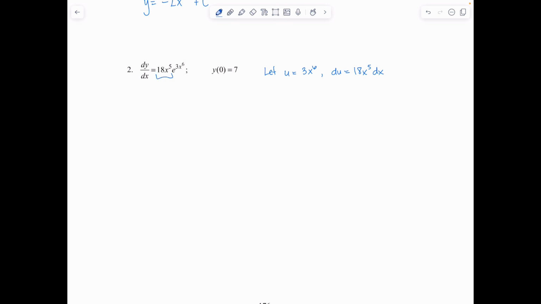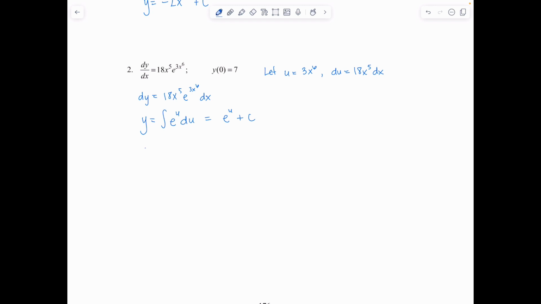So we'll start by rewriting. If I multiply everything by dx, we have dy = 18x^5 e^(3x^6) dx, and then make our u substitution. So we are going to have the integral of e^u du, and taking the integral of e^u is just e^u + c.